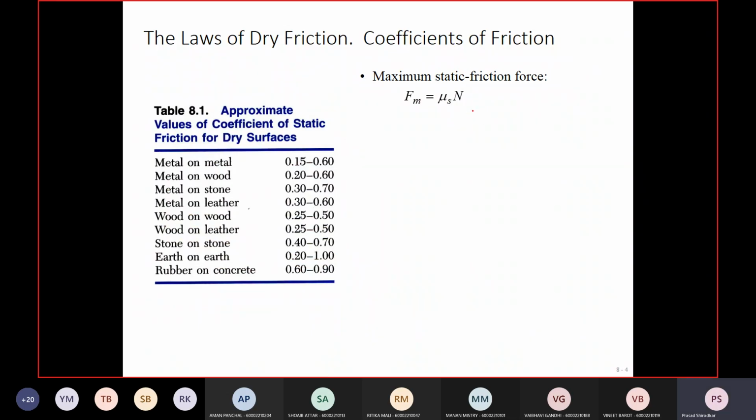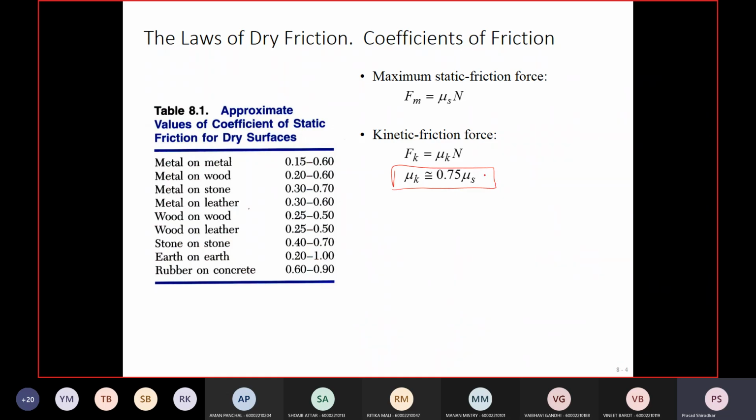So the maximum frictional force Fm is equal to mu s into N, and the kinetic friction Fk is equal to mu k into N. By thumb rule, generally mu k is 0.75 times mu s.